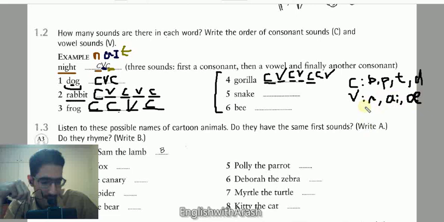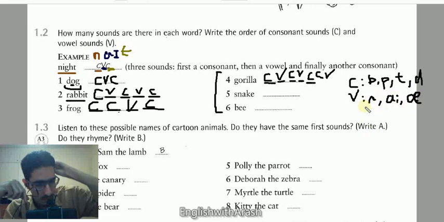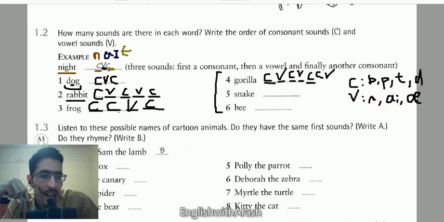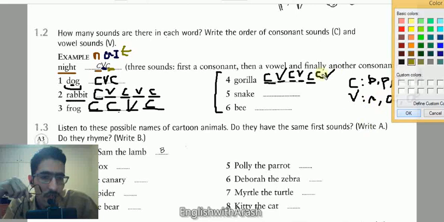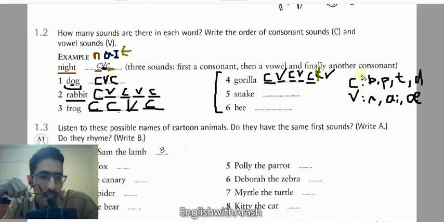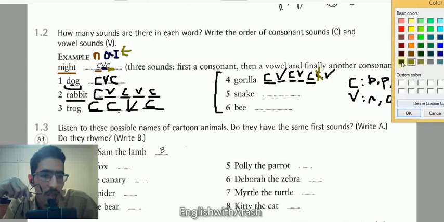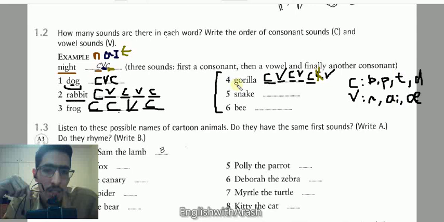That's how we fill in the blanks. Someone says false. Yeah, one of them is false. You have an extra C here. You don't need this C here. Okay? So that would be good to say gorilla.